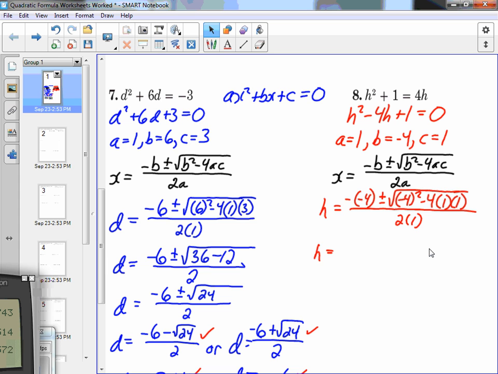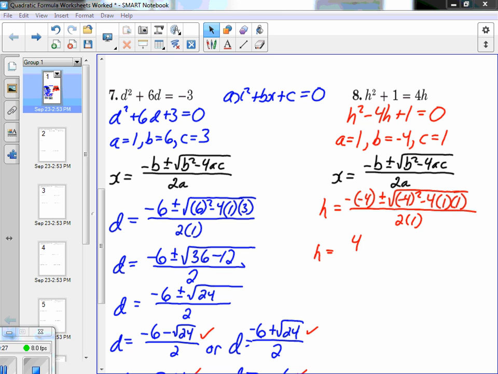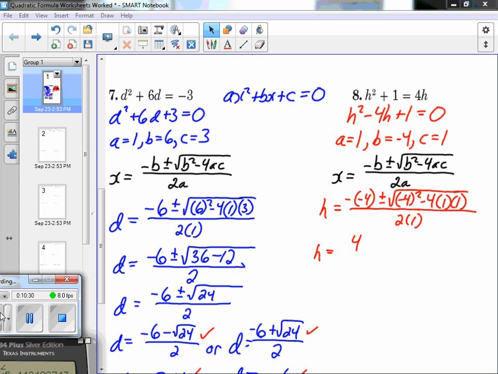H equals. What's a negative in front of a negative 4 mean? Positive 4 plus or minus the square root of what? 16 minus 4 divided by 2.